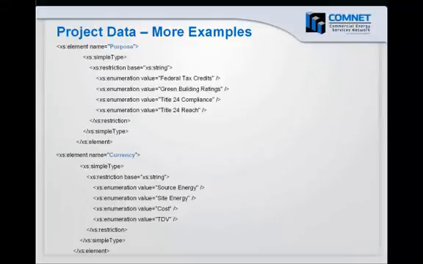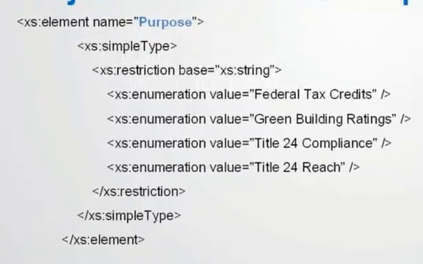More examples. These are the two I mentioned. For purpose, the reason I'm showing this is that in the XML schema we have a way to restrict the data inputs, and the way we do that in the XML is with enumeration. So for purpose, we have defined federal tax credits, green building ratings, Title 24 compliance, and Title 24 reach.